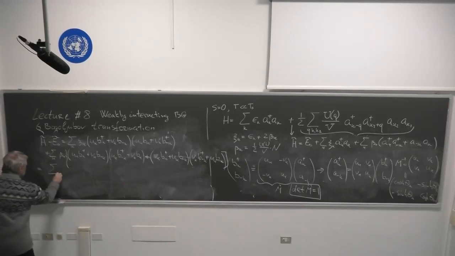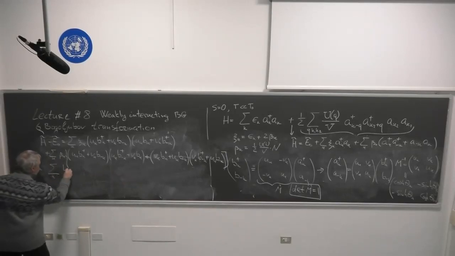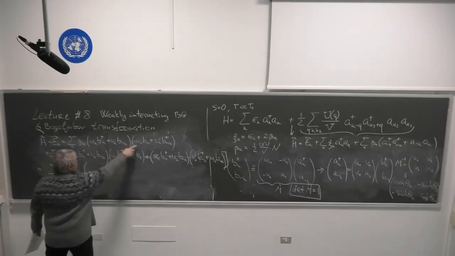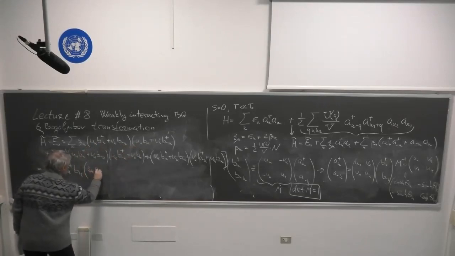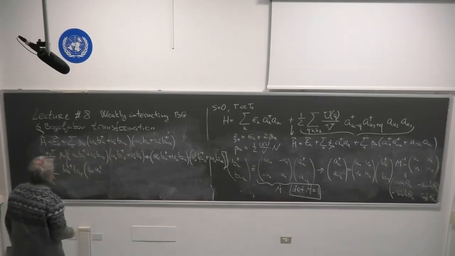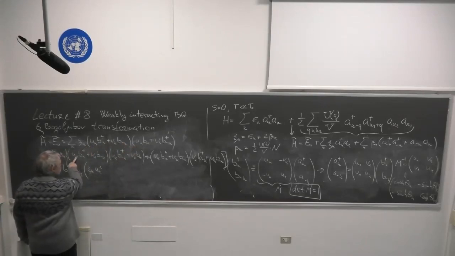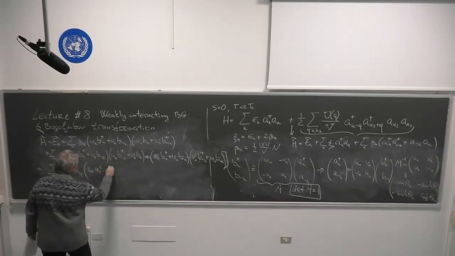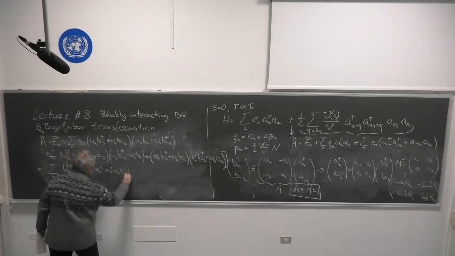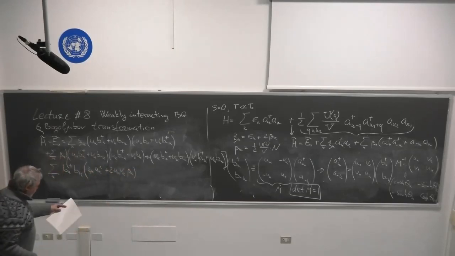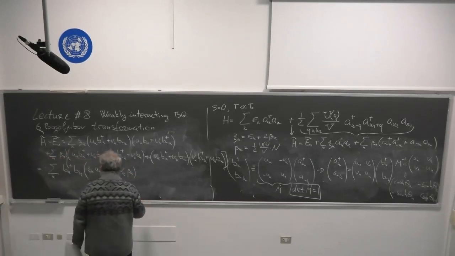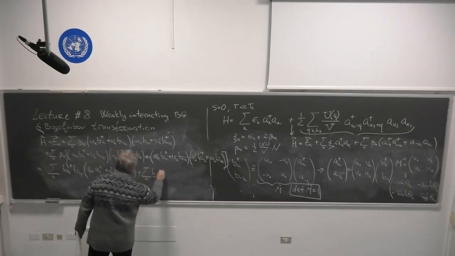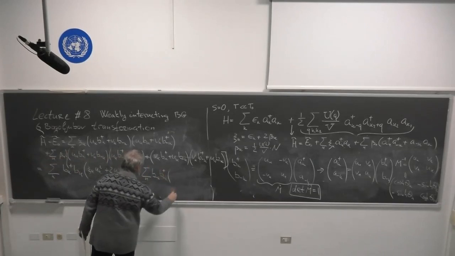So first of all, this is sum over K. Let me write first BK dagger, BK. This is psi K UK squared, from this term. From this term, this is UK VK and VK UK, so plus 2 UK VK beta K. Then sum over K, B minus K, B minus K dagger.